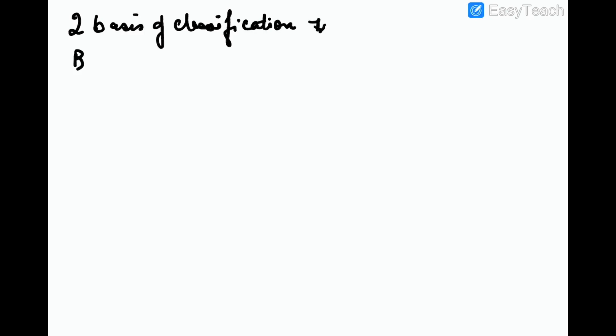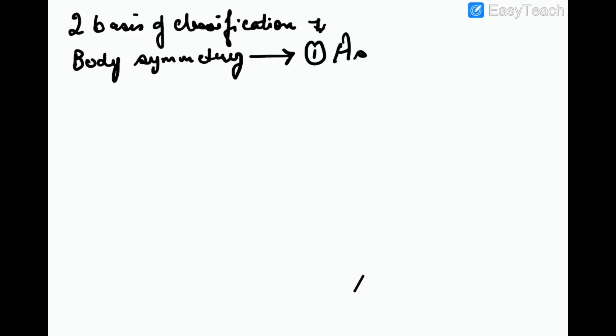Now let us look at the second basis of classification. Second basis of classification is the body symmetry. According to the body symmetry, animals can be asymmetrical or symmetrical.